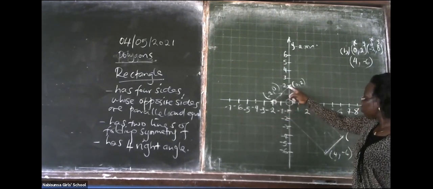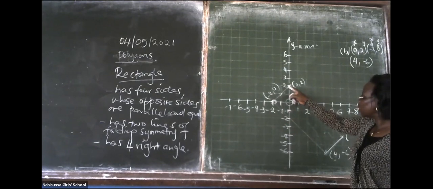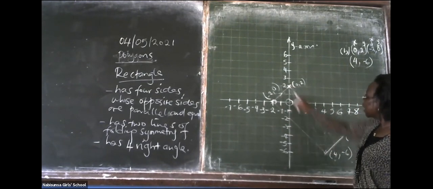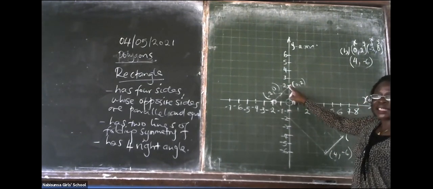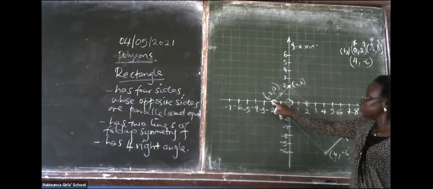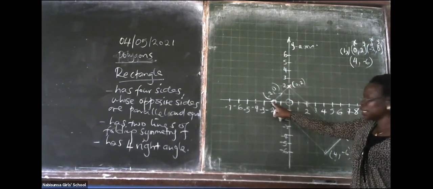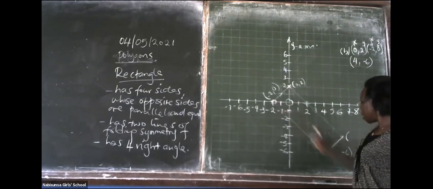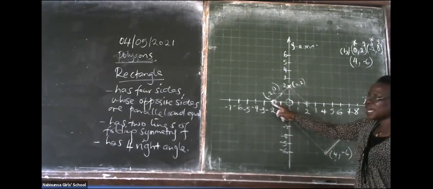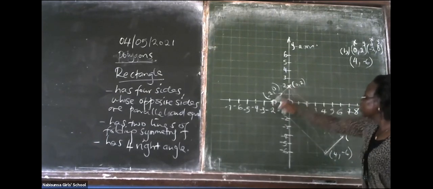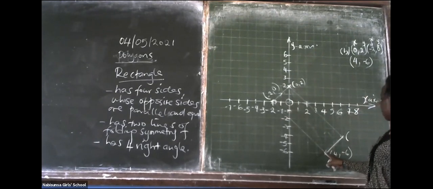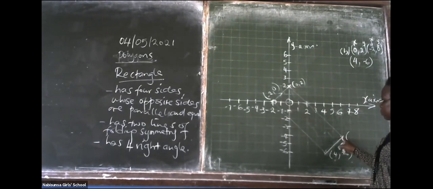When we tried to join the first point to the last point, the angle was not 90 degrees, so we had to move to the second point and the third. When we joined, we realized that this angle is 90 degrees. Therefore, we had joined the 3 first points, and we are supposed to locate the last one.